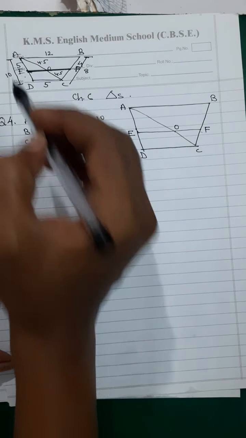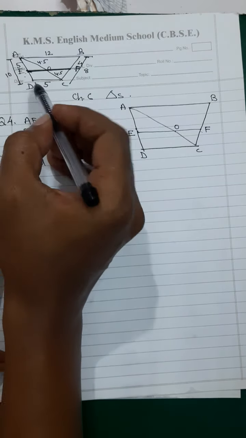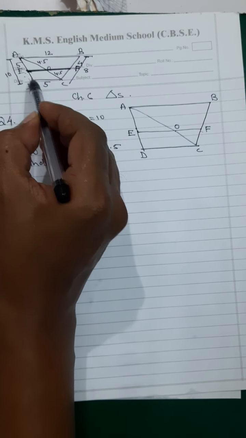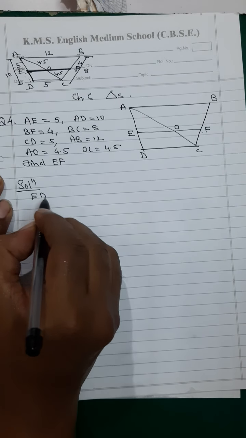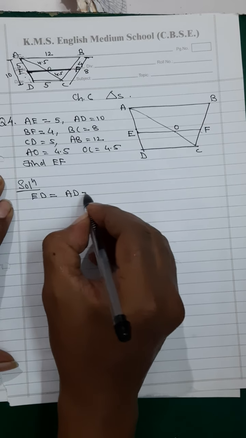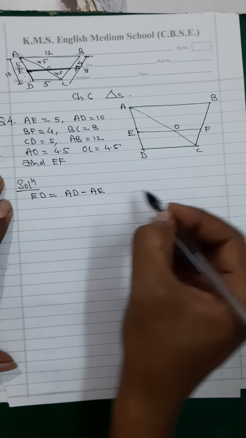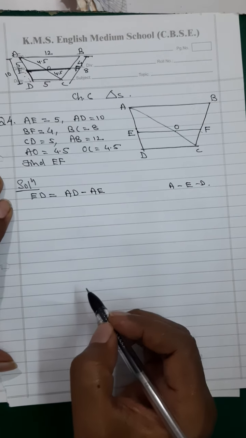You have got AE is equal to 5 and AD is equal to 10. So what will be ED? See, basically, ED is equal to AD minus AE. Reason: A-E-D. Okay.